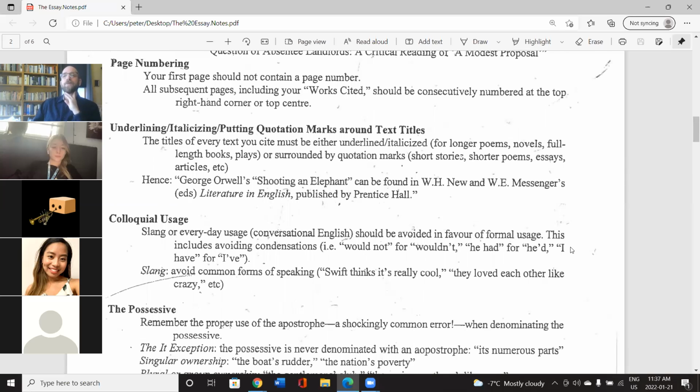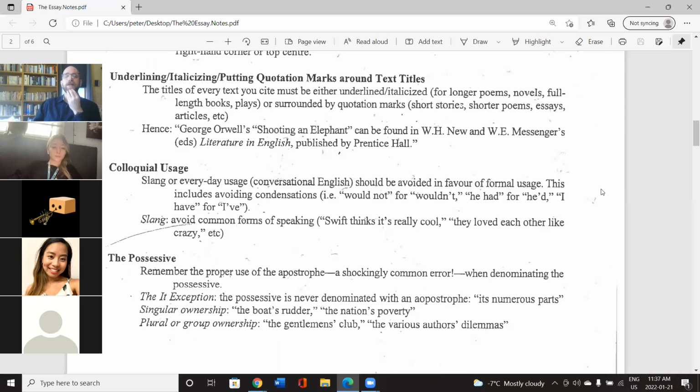Okay, just a few more general stylistic points, and then I'm going to go to a sample essay provided for us in the MLA and just run through it for a moment. Text titles. The titles of every text you cite must be either underlined or italicized for longer texts. We're not dealing with any long poems this year, so don't worry about that, but certainly for all novels, for full-length books and for plays, the titles are italicized.